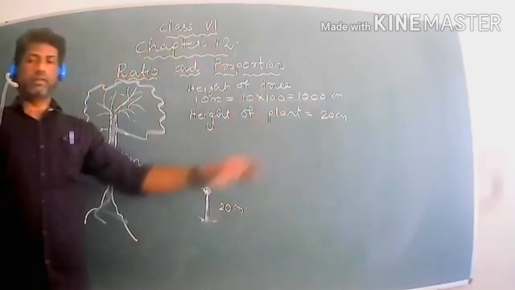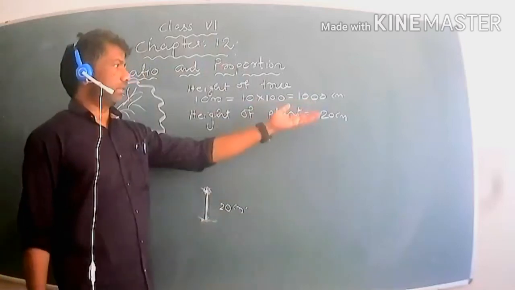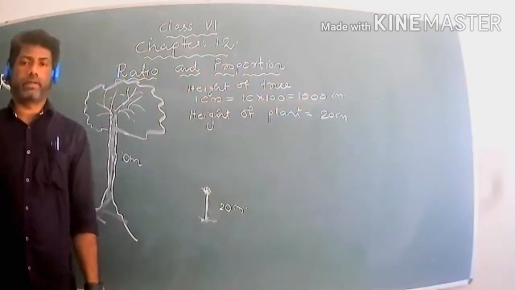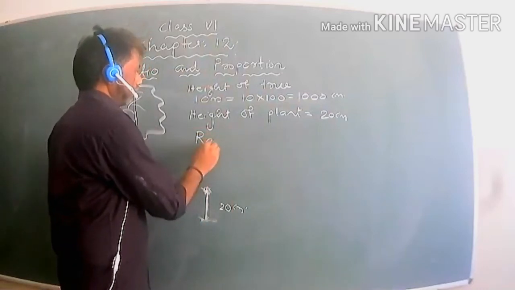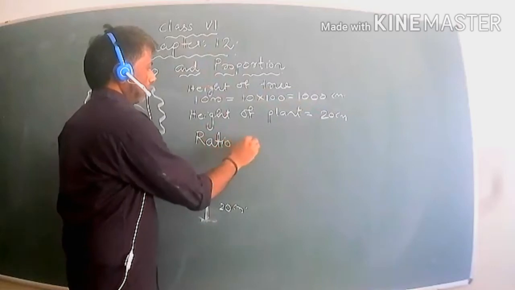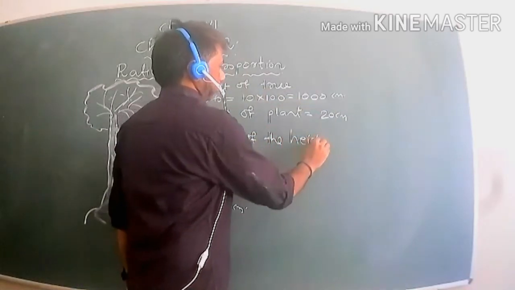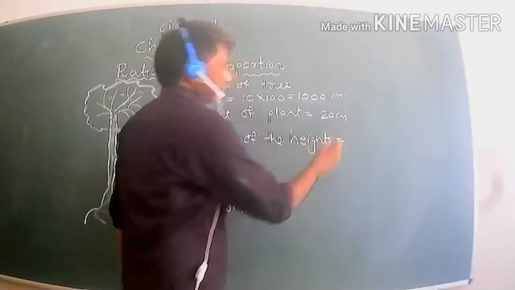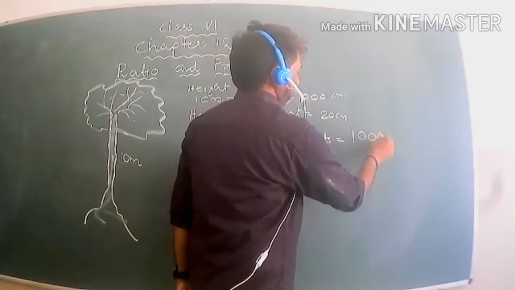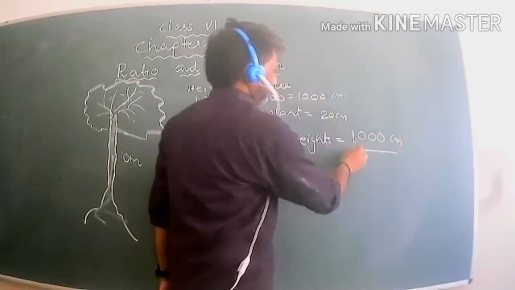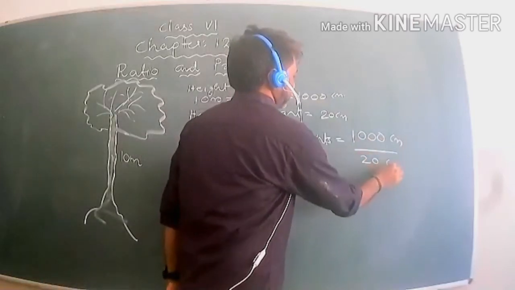So for comparing this, if you subtract, it is a meaningless process. So what we will do, we will divide. So we call it the ratio of the height, which is equal to the height of the tree, 1000 centimeter, divided by the height of the plant, 20 centimeter.